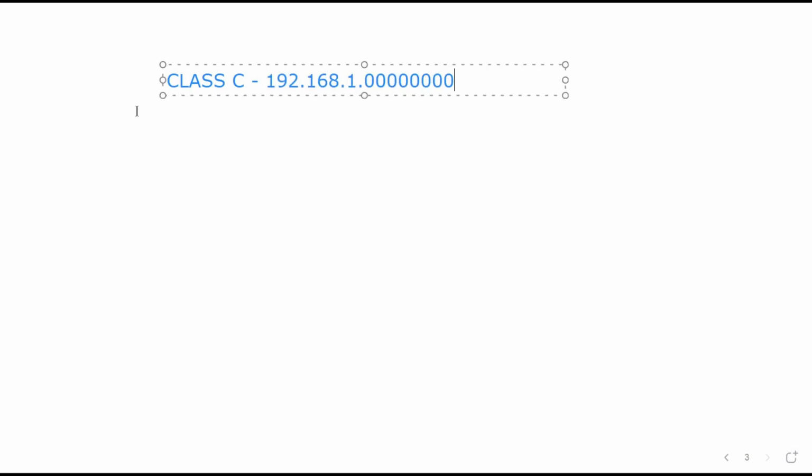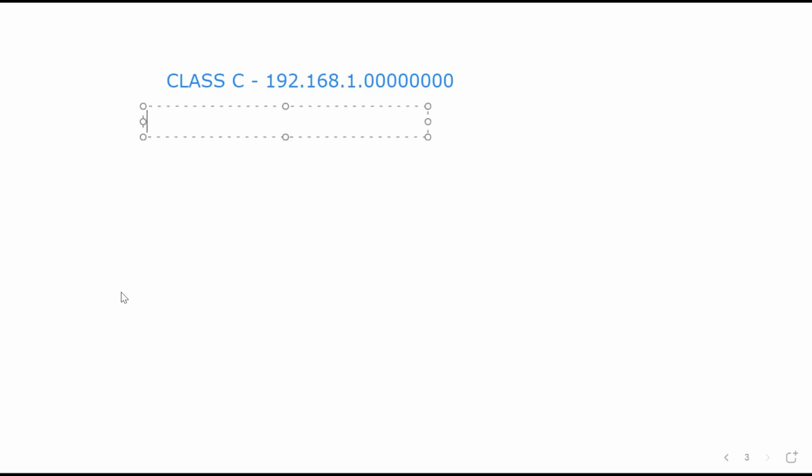Okay. So there are 5 steps to assign a private IP. Let me start with our first step. Step 1: find the host bits. How can we find our host bits?